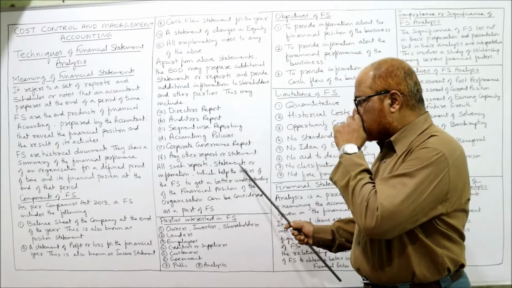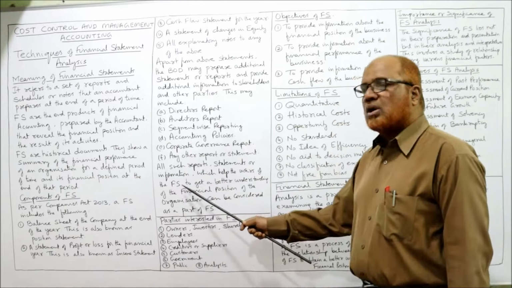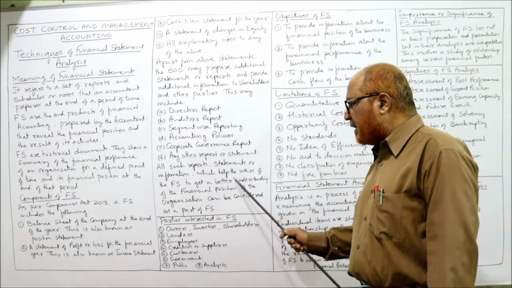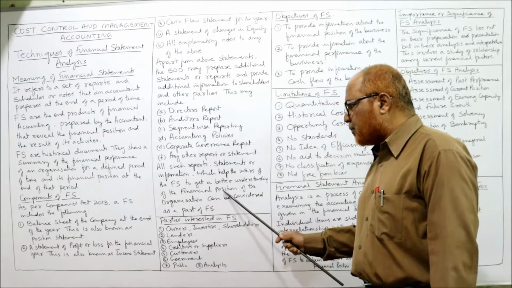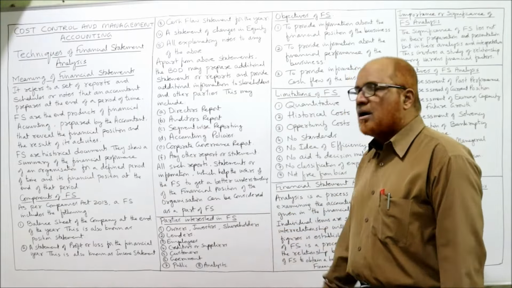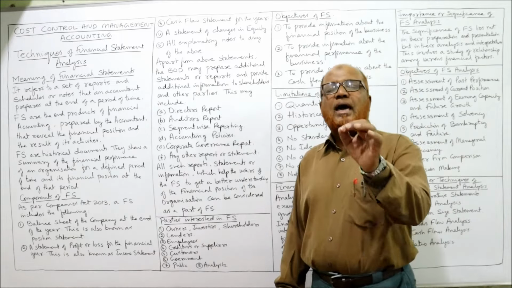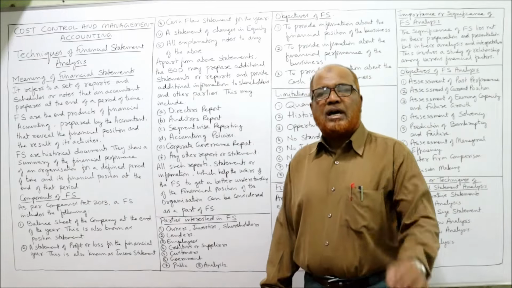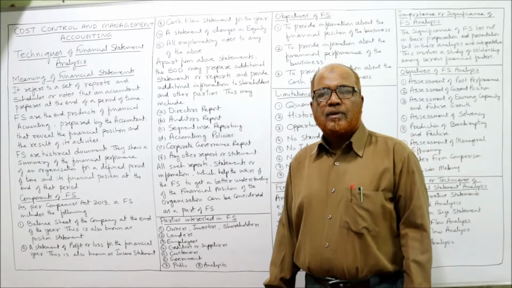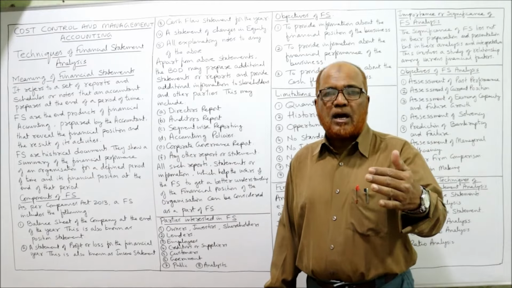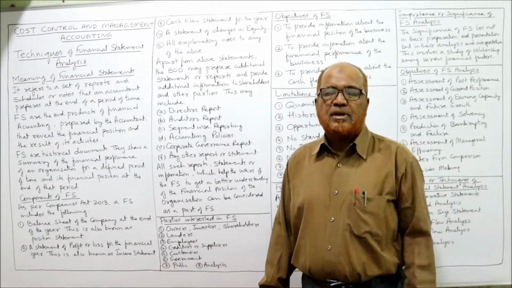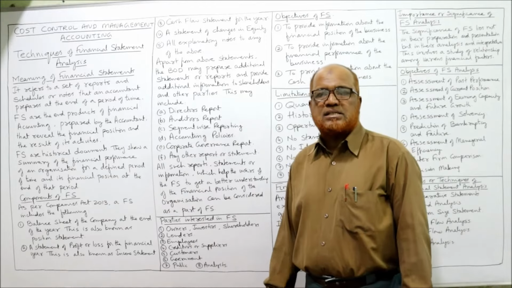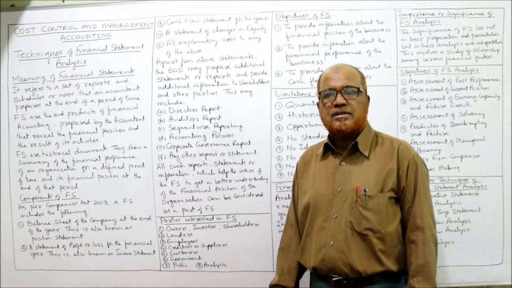Now all such report, statement, or information which help the user of financial statement to get a better understanding of the financial position of the organization can be considered as part of financial statement. So any type of report, any type of schedule which will help the decision maker to take the decision, that will be considered as financial statements.